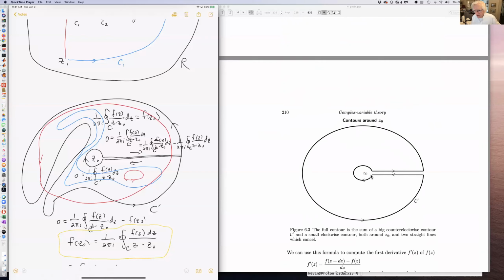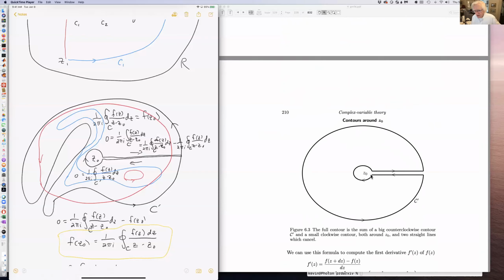On the other hand, if we let these two lines approach each other, then the integral along them cancels. And then the integral that's 0 is the integral around counterclockwise along C prime, and then clockwise around z0, a tiny circle there. So what we have here is the integral around C prime minus the integral around C, and that's 0, the difference of the two.